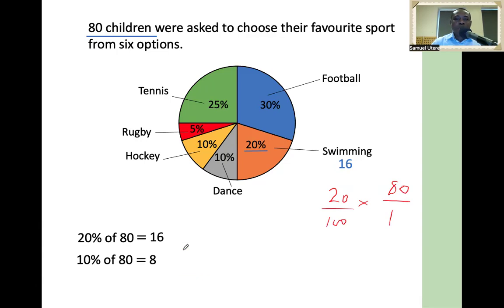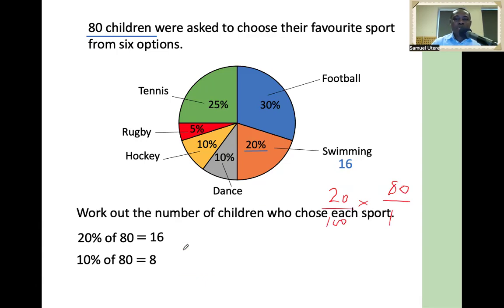Now, if we asked, work out the number of children who chose each sport, well, we can begin to use the information we know already to answer this question. So have a think and see what answer you come up with. Well, we can see that 8 did dance.